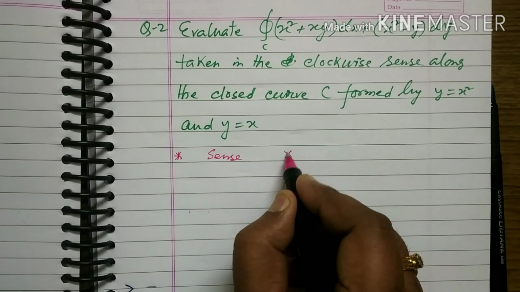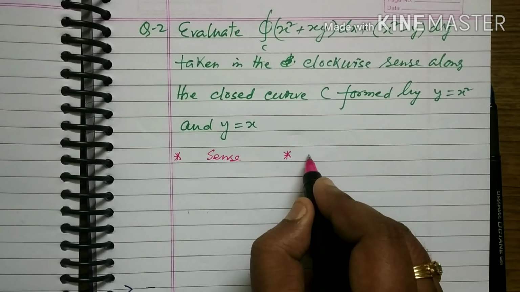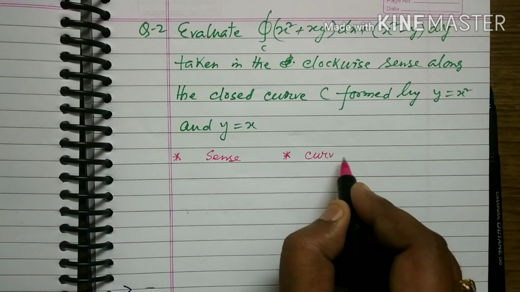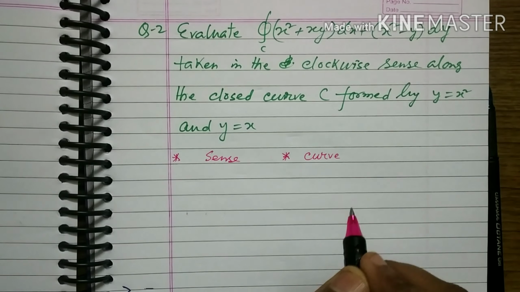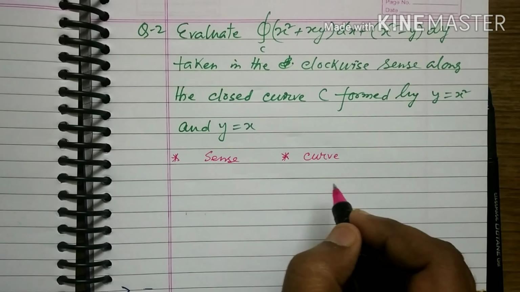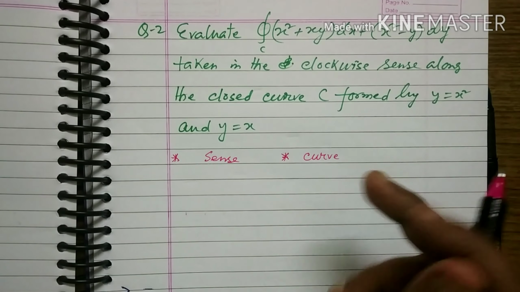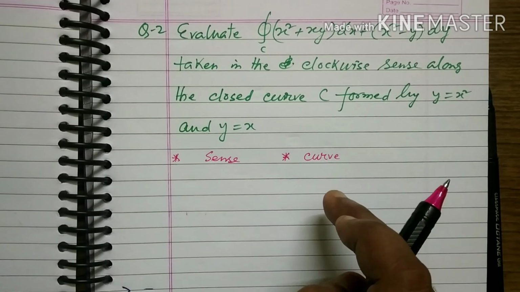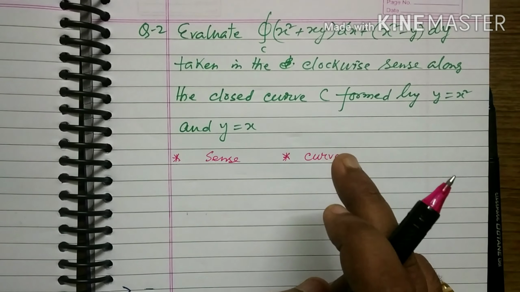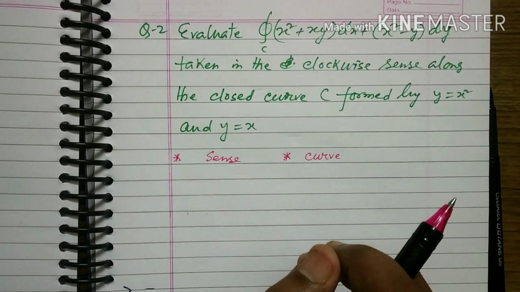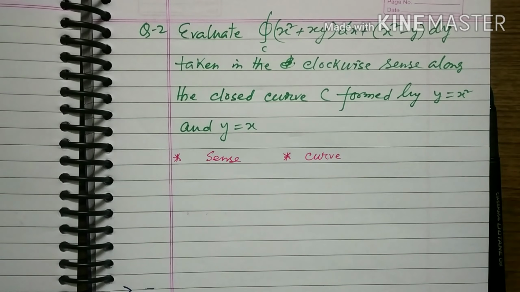Number two, the curve. Sometimes you can see a single curve, sometimes multiple curves. These two things are very important, especially for a closed curve situation. Let's see how to solve the problem.